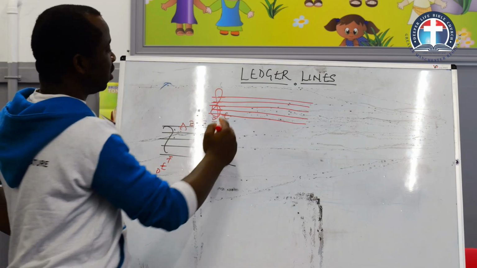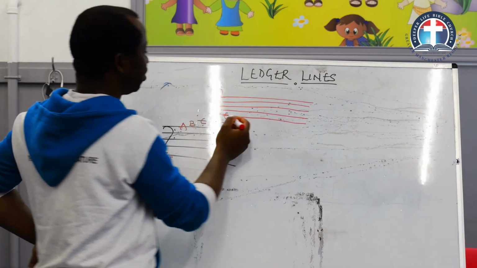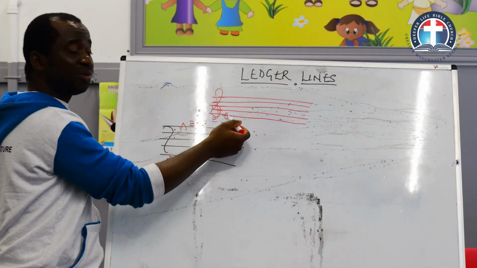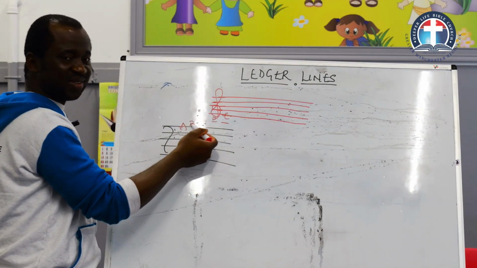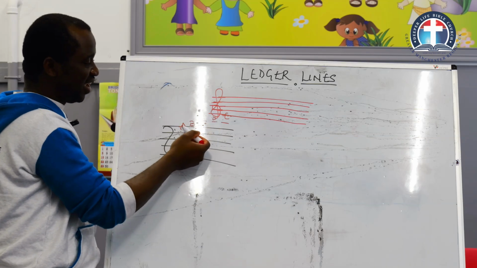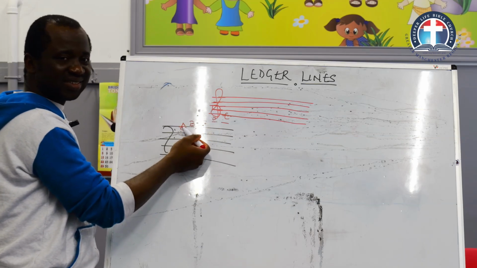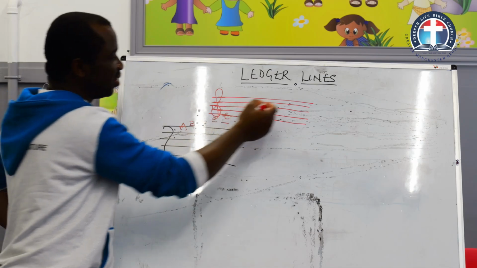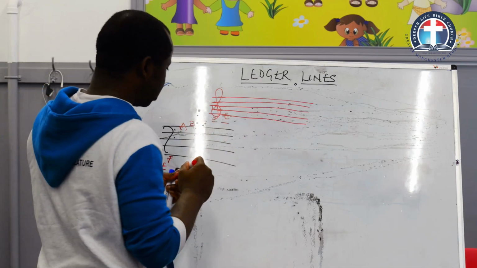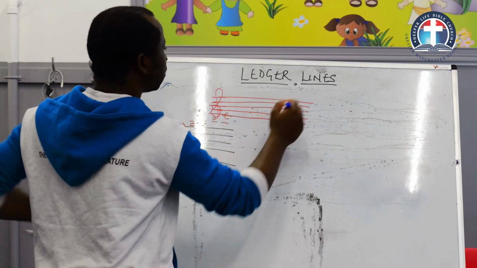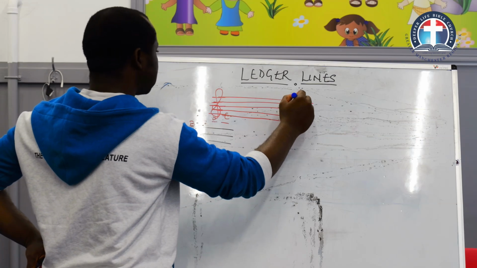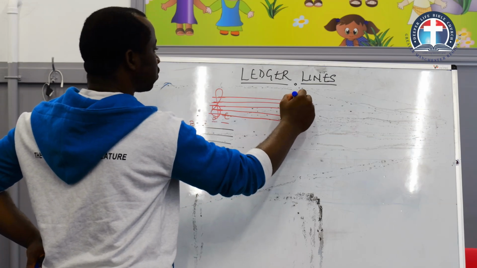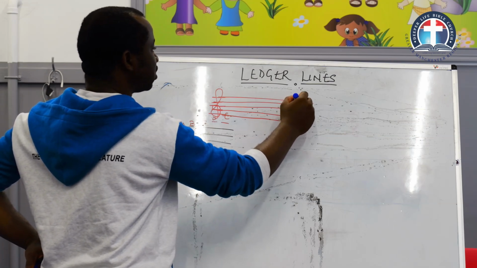And then you can also extend this one. So already you know that from your treble stave, you see you are going down. So the second ledger line is the last line of your bass clef. So what note is this? What line is this?